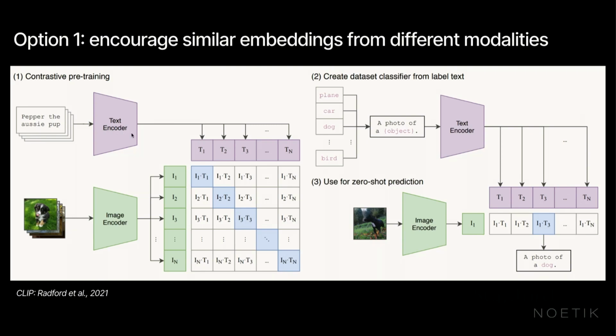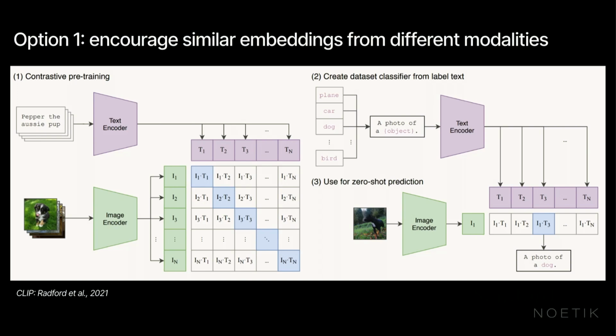And the objective for the model is to make the embeddings for corresponding image and text pairs as similar as possible, while pushing away the representations of mismatched pairs. For example, the similarity between the embedding for image 2 and caption 1 should be as low as possible, while increasing the similarity between the embedding for image 1 and text 1.